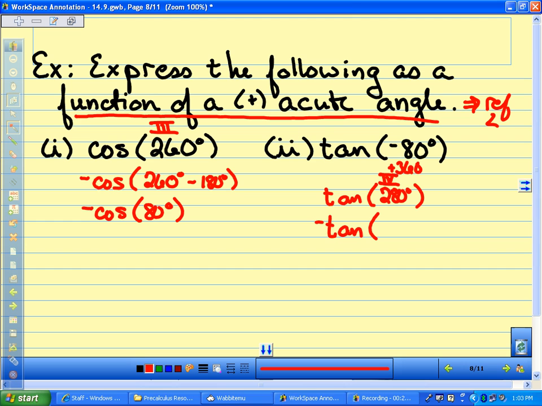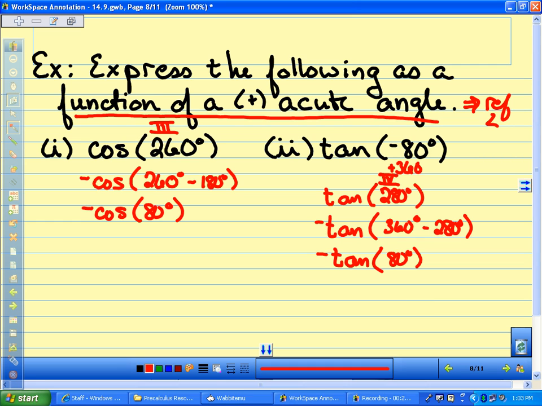How do we determine reference in 4? 360 minus the theta. Now what's the theta that we were given? 280. So ultimately here then we get negative tangent. What's 360 minus 280? 80 degrees.